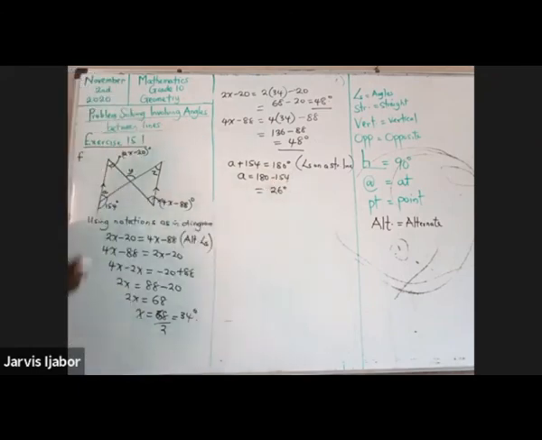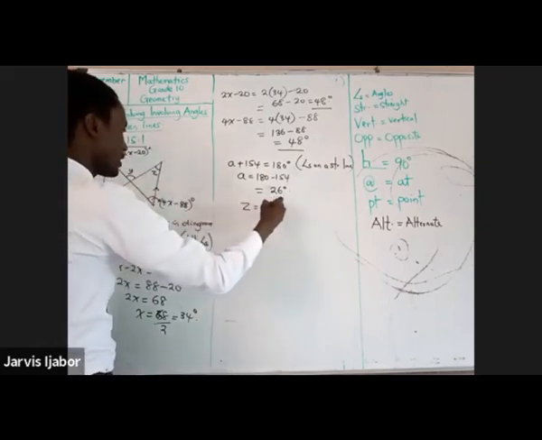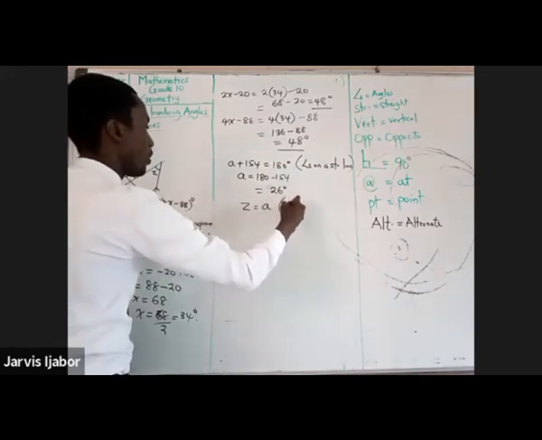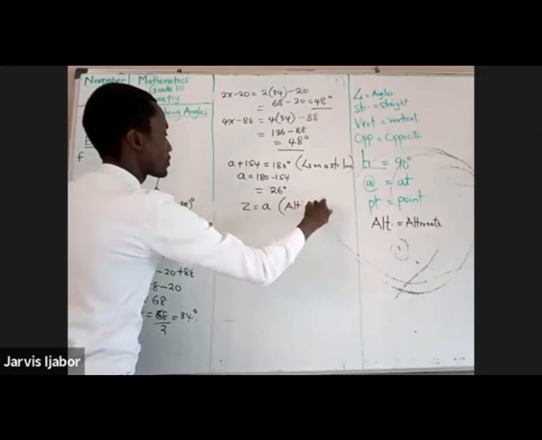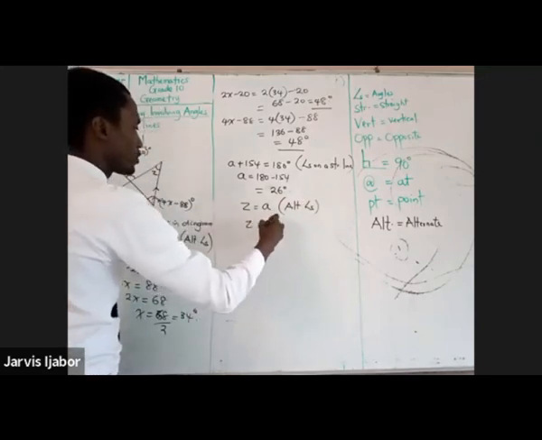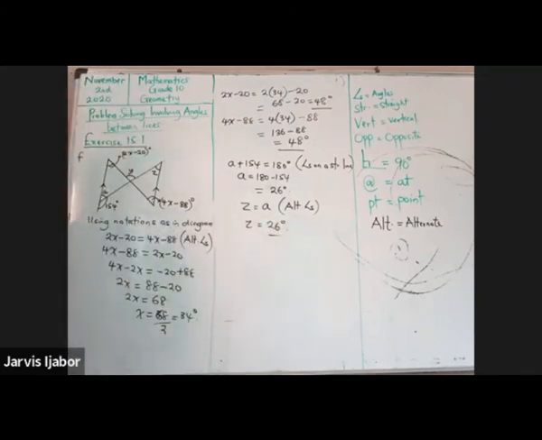So if this is 26 degrees, this angle will also be 26 degrees. So z is equal to a, and the reason is that they are alternate angles. So z will be equal to 26 degrees.